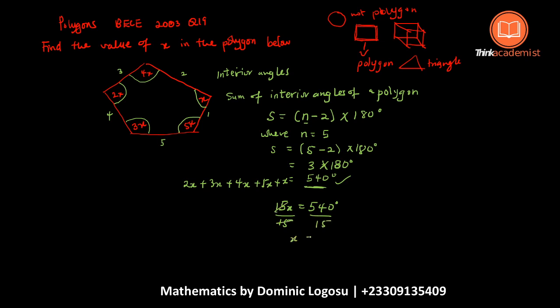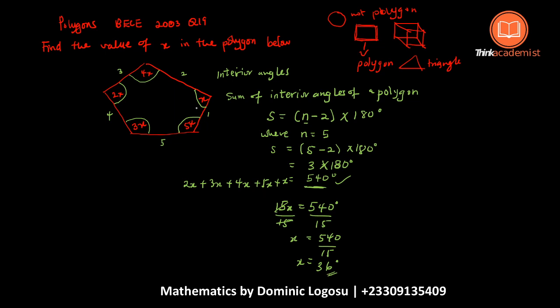Now we have 540 divided by 15, and that should give us 36. Let me write the 3 well so that you can all see. So our answer is 36.